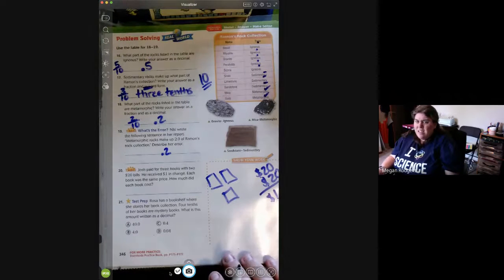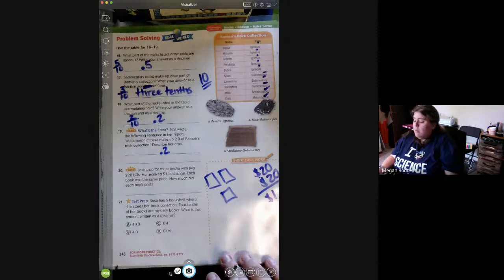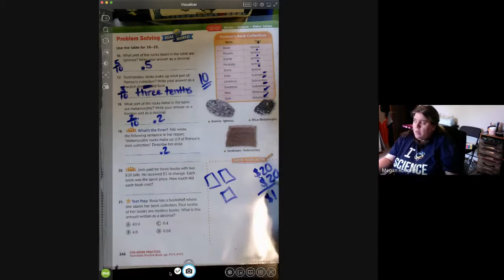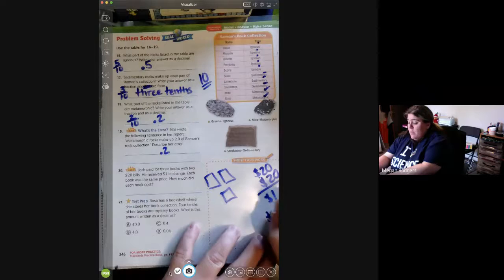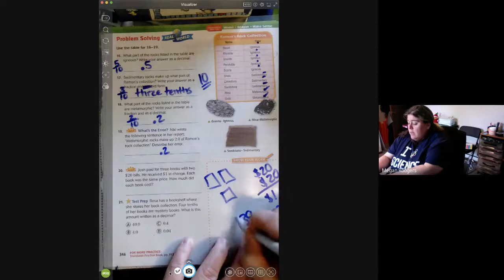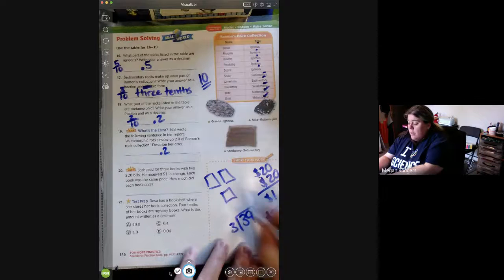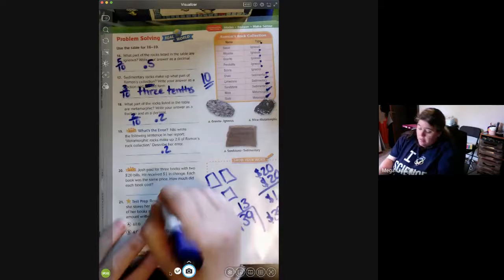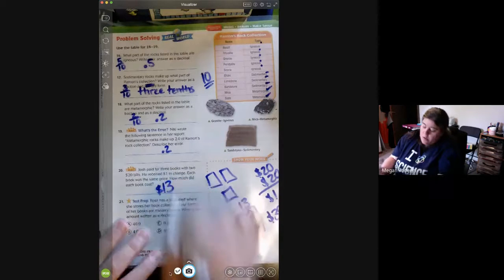All they tell us is that each book costs the same. But if he paid with $40 and got 1 back, that means he spent $39. And if we do 39 divided by 3, I think most of you have probably figured out that each book costs $13.